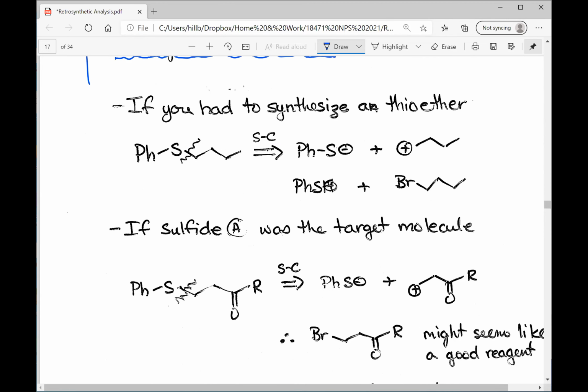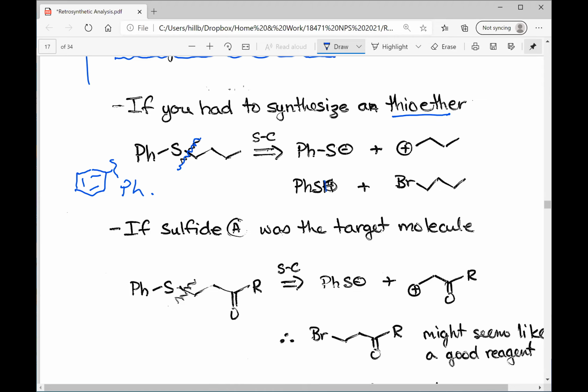If you're basically synthesizing a thiol ether here, we would say that this is the better disconnection, because phenyl, remember, is an aromatic ring. So S minus plus the positive charge here.